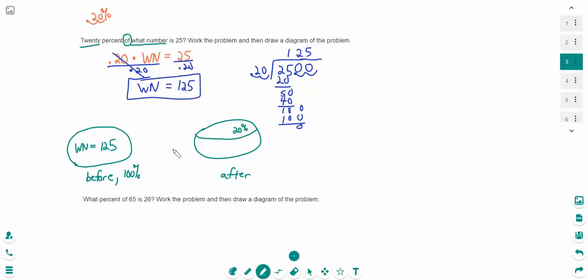Now, that's the only percentage that they gave us. However, to complete this bubble, I need to decide what's the other portion of this bubble. If this is 20% of the bubble, what portion of the bubble is on the other side here? Well, remember, the whole bubble has to add up to 100%. 100% means everything, right?